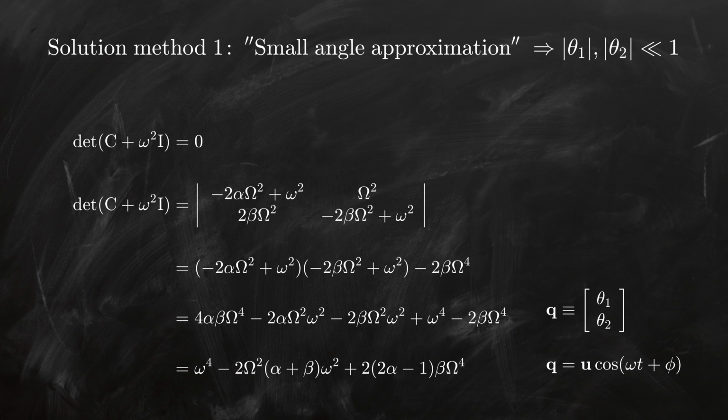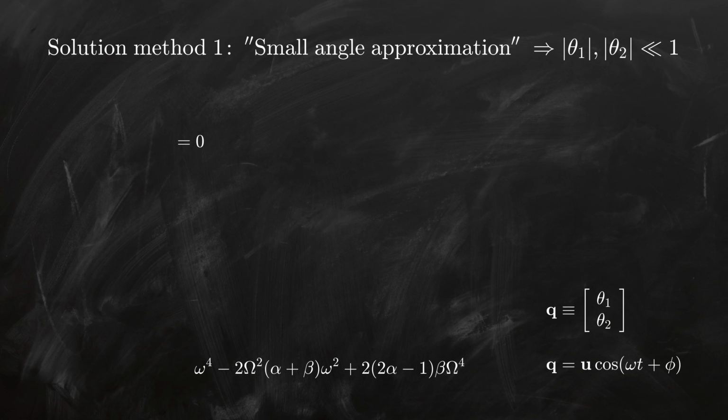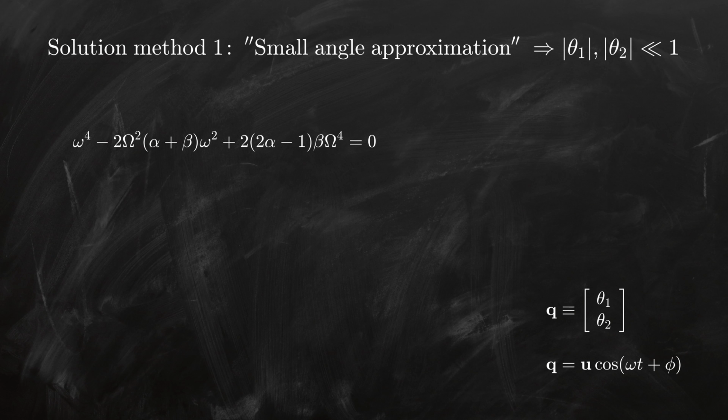We obtain a quadratic polynomial in omega squared, and the characteristic equation tells us to look for its zeros. From here we just need to apply the quadratic formula and simplify a bit.